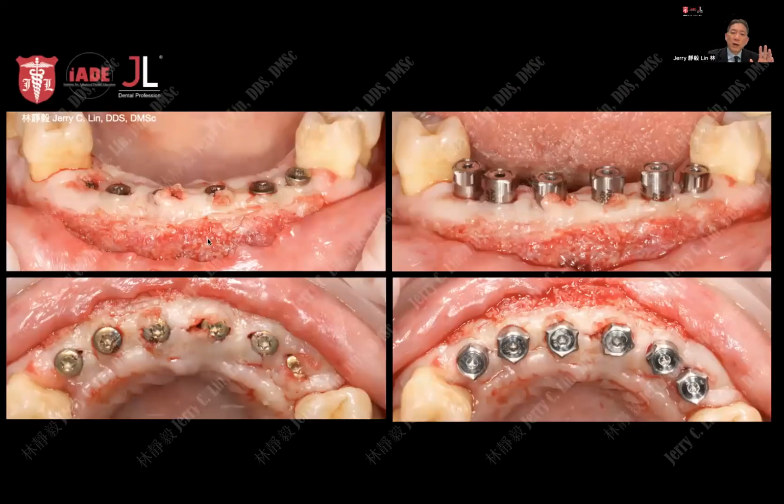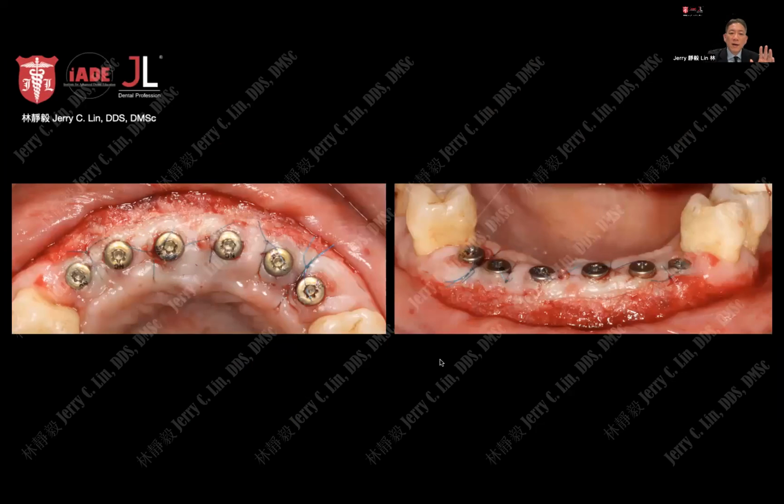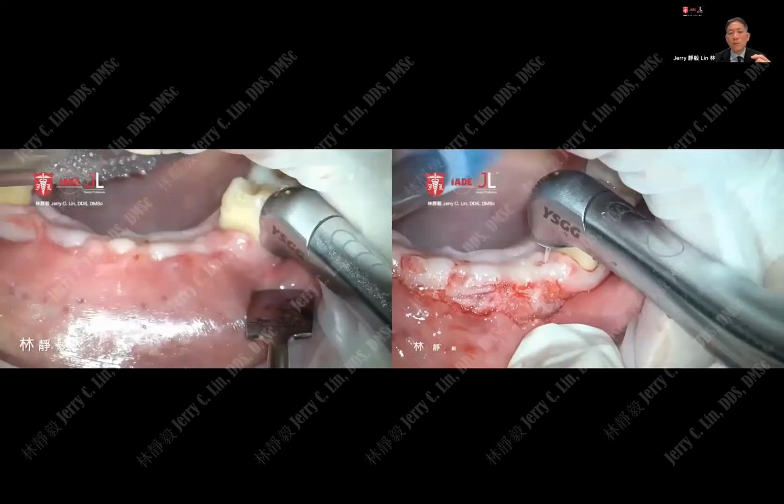And when I deepithelialize and then do a second stage uncovering procedure, I can expose the underlying connective tissue, where the genotype would determine the phenotype. So at the end of the day, I would increase the keratinized tissue.